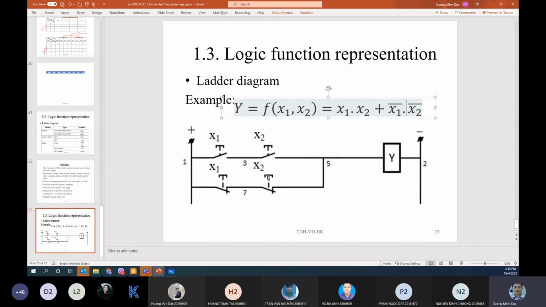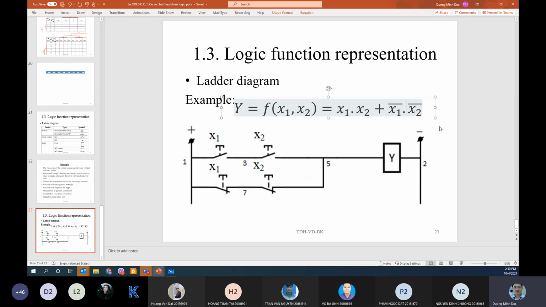So this part is connected in parallel with this part here, and the output will be Y, a coil. So we can make the ladder diagram for the logic function.